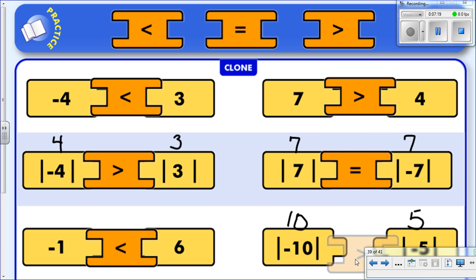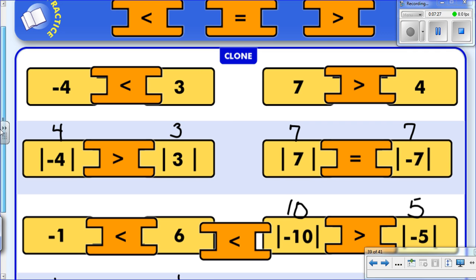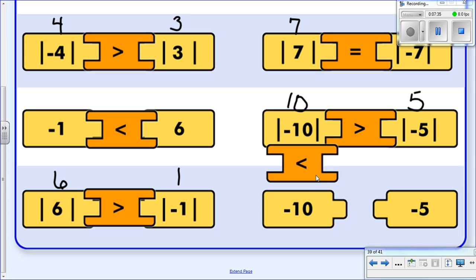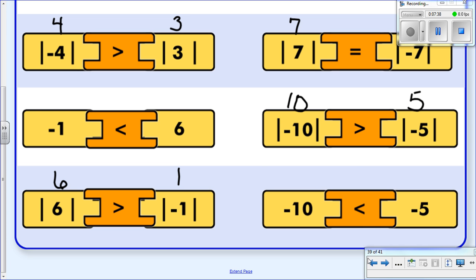So I'm going to go ahead and bring that down and say the absolute value of negative 10 is greater than the absolute value of negative 5. Alright, let's take a look at the next one. Now using a number line, negative 10 is smaller than negative 5. So negative 10 is less than negative 5.